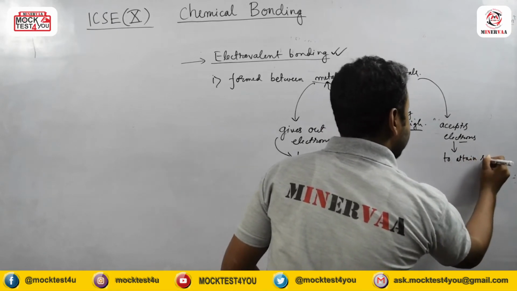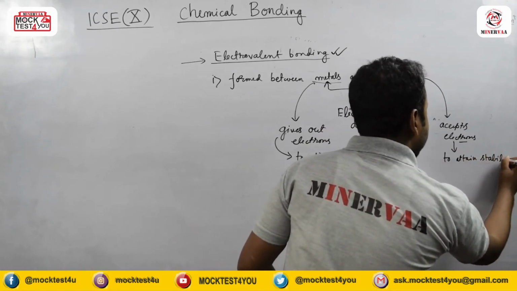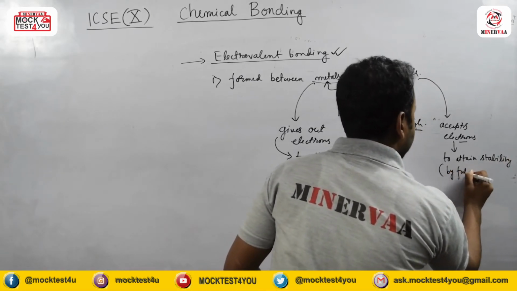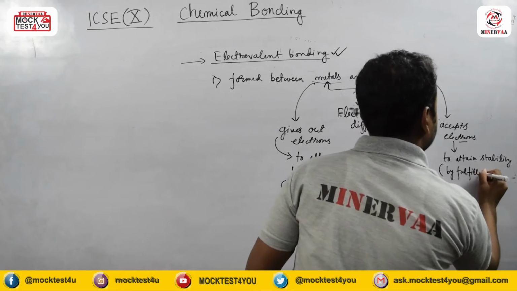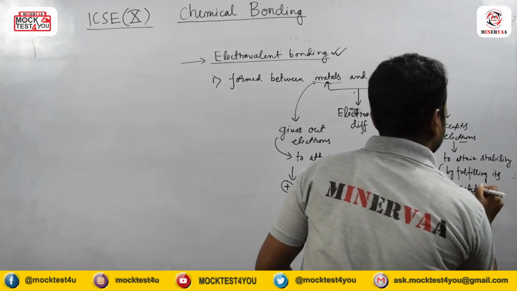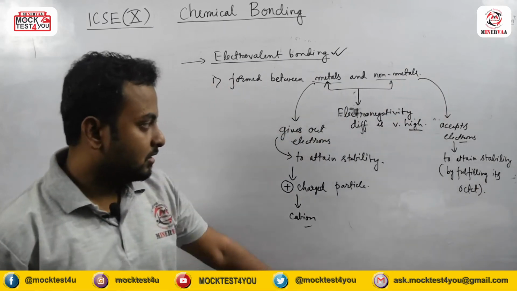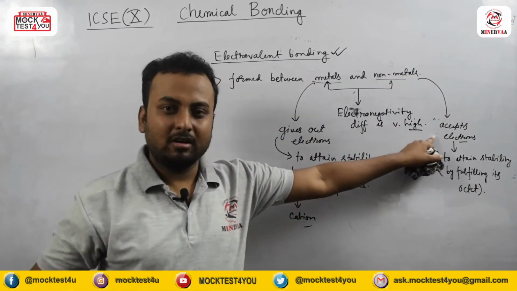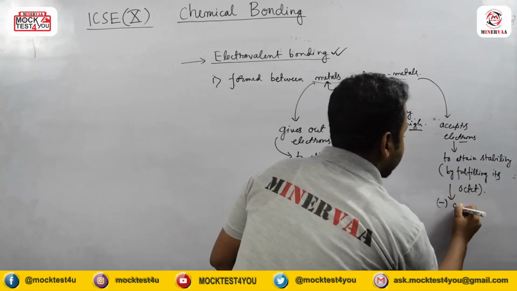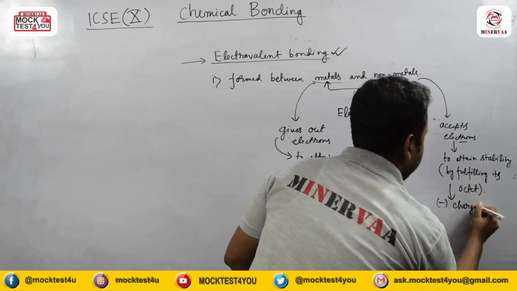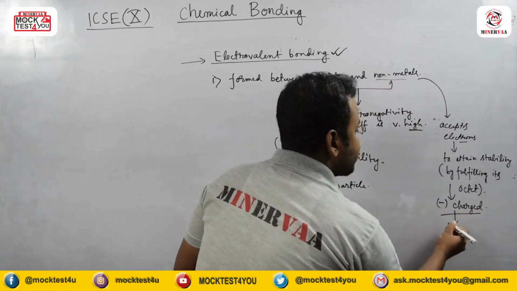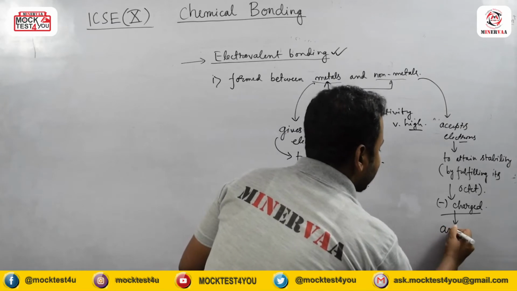How does it attain stability? By fulfilling its octet. And when it receives an electron, it becomes negatively charged, and that negatively charged species we call an anion.